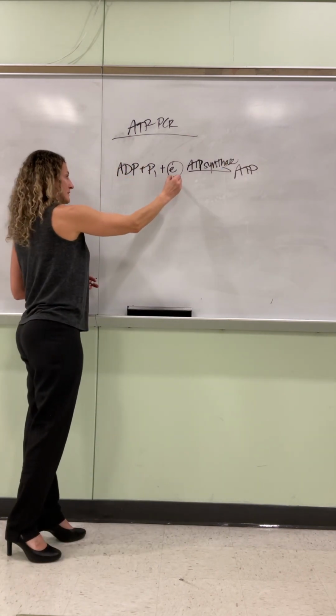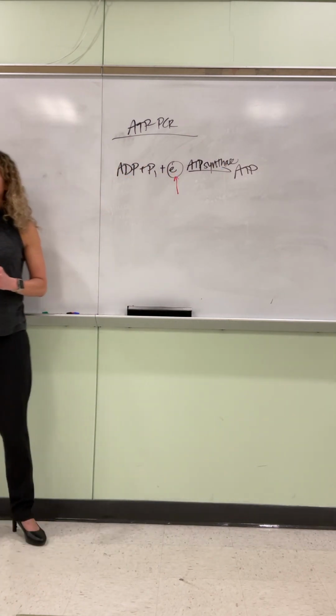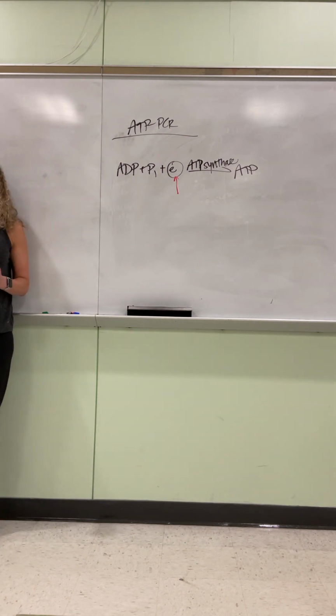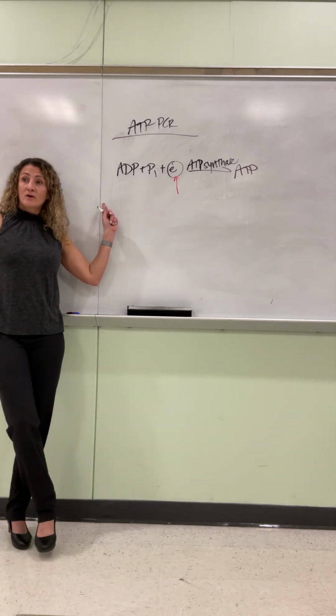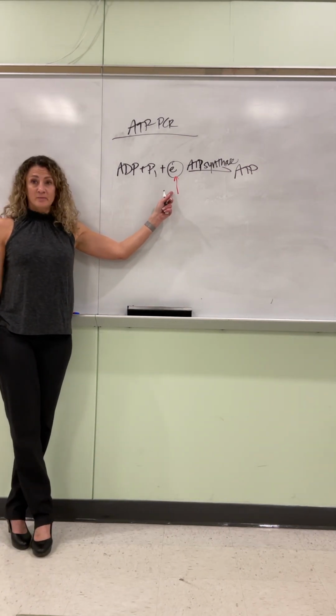Okay, where does this energy come from in this system? Electron transfer. No, this one comes from the previous reaction. Which reaction? PCr breaking down. PCr breakdown. In this system, the breakdown of PCr gives us the energy to build ATP.